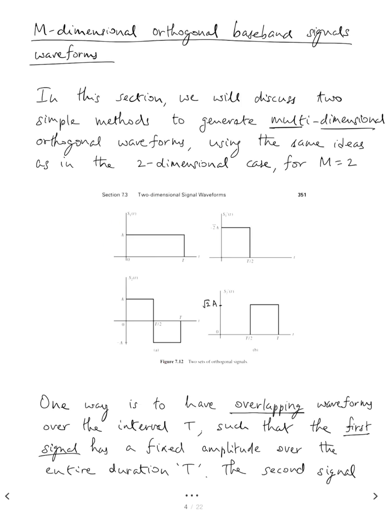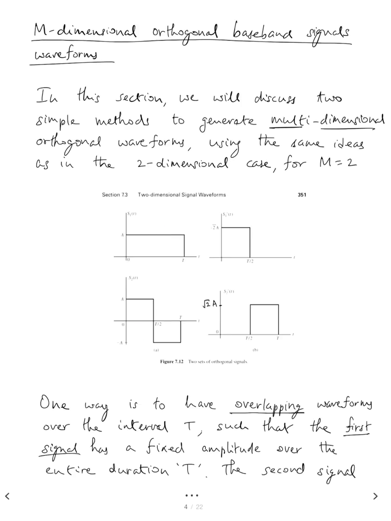If you want to create overlapping waveforms which are orthogonal to each other, we start with the first waveform which has a constant value for the entire time duration that we are interested in for the pulse. The second pulse is created so that it is orthogonal to the first one.